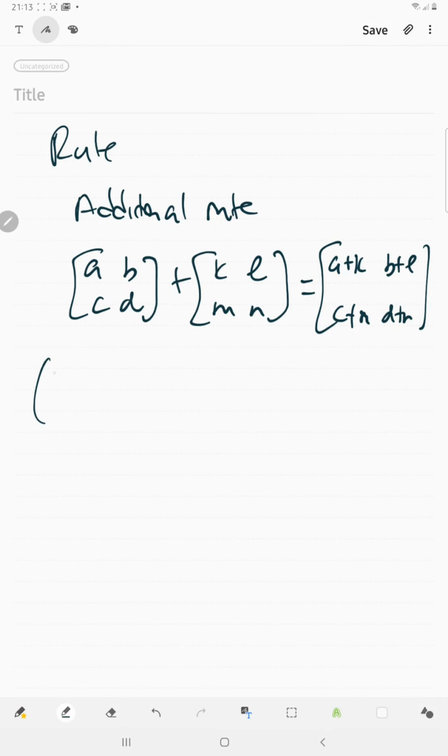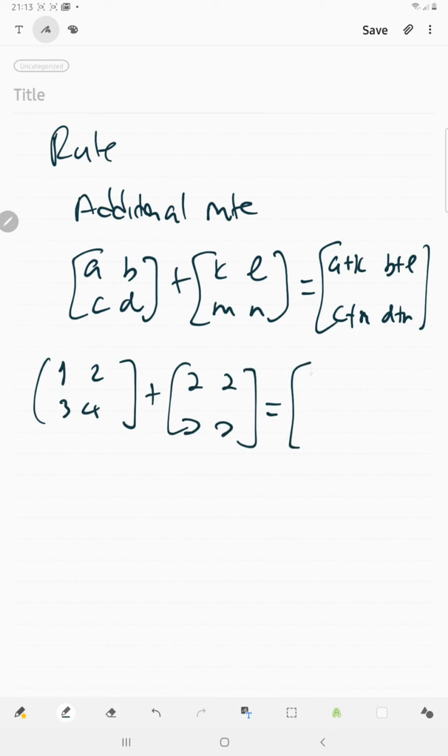For example, I can have matrix 1, 2, 3, 4, and then add 2, 2, 2, 2. In this case, I have 1 plus 2, 2 plus 2, 3 plus 2, and 4 plus 2. So in the process, you have 3, 4, 5, and 6.